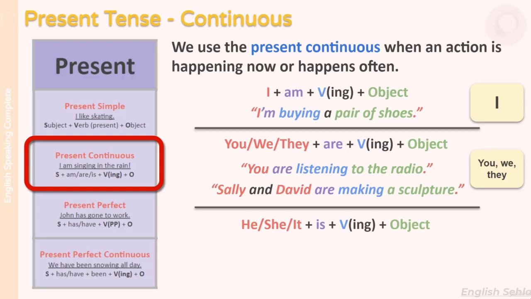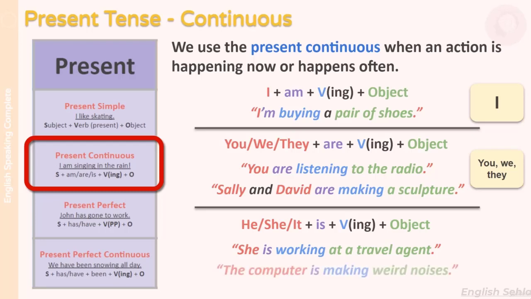And for third person singular, he, she, it, we use is plus verb ing plus the object. She is, she's working at a travel agent. The computer is making weird noises. How could we make the contraction? The computer's making weird noises.